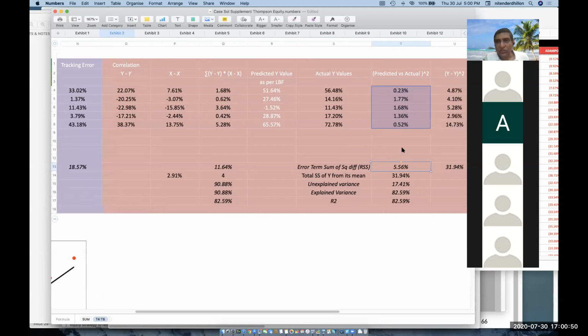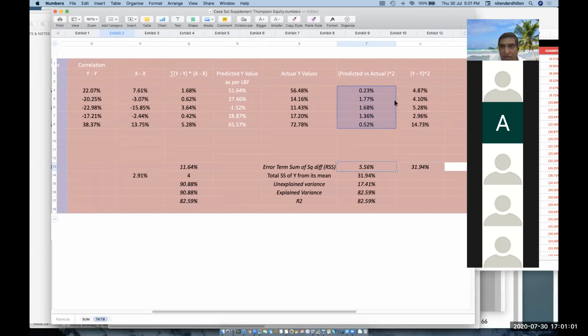Now let's see what was the actual variance of Y from its mean. Because we are only talking about the predicted value, which is the dependent variable, in this case Y, which in our case is the pro index. Y minus Y-bar squared from the mean was like this. This is 22.07 was the difference. We squared it for every year, and our number came to 31.94.